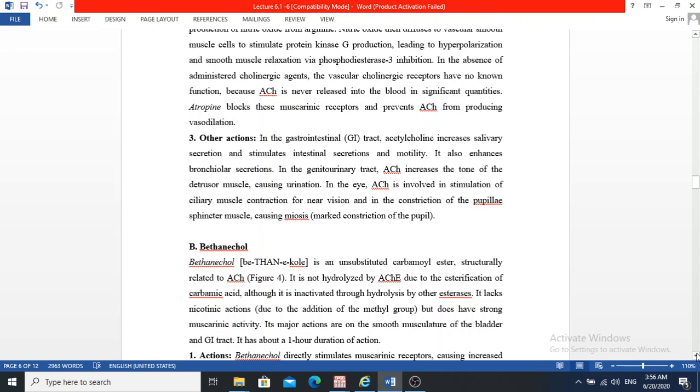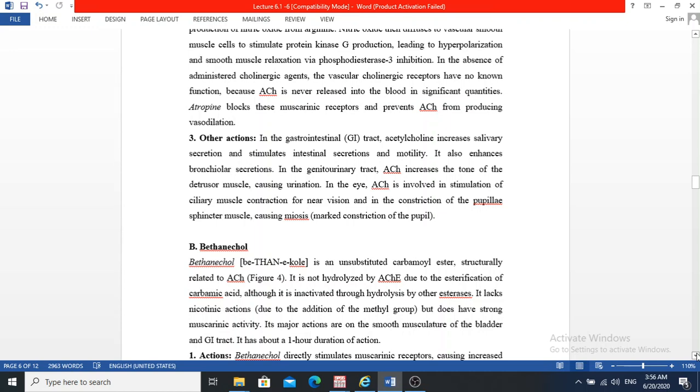It also increases the tone of the detrusor muscle, causing urination. In the eye, it is involved in the stimulation of ciliary muscle contraction for near vision and in the constriction of the pupillary sphincter muscle, causing miosis.